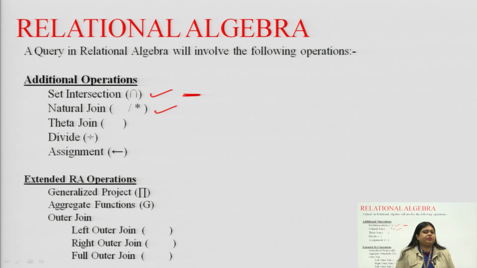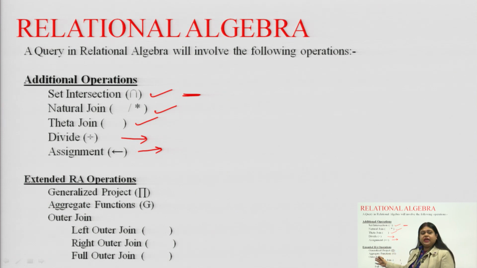That can be a primary key or some other combination of keys. So, based on those keys we use the join operation. Under the join we have one more category which is known as the theta join, right. After that we have the divide operation and the assignment operation, where we assign all the tuples available in one relation to another relation.